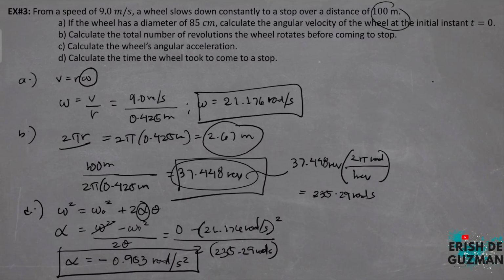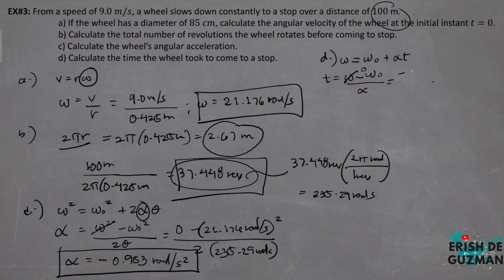And lastly, for letter D, gagamitin ulit natin yung isang rotational kinematic equation. Final angular velocity equals initial angular velocity plus angular acceleration times the time. And by derivation, time is equal to angular velocity final minus initial angular velocity divided by the angular acceleration. Substituting the values, final angular velocity is 0.